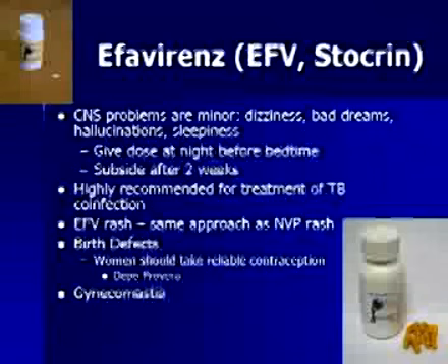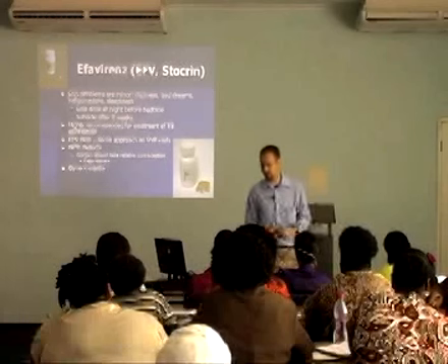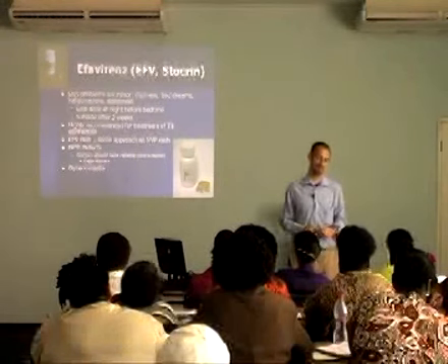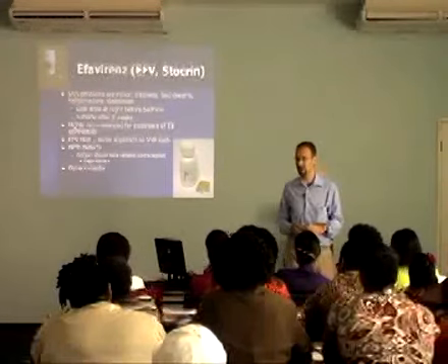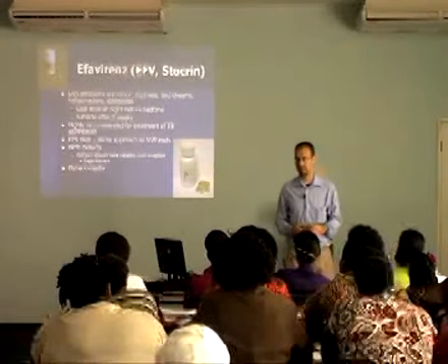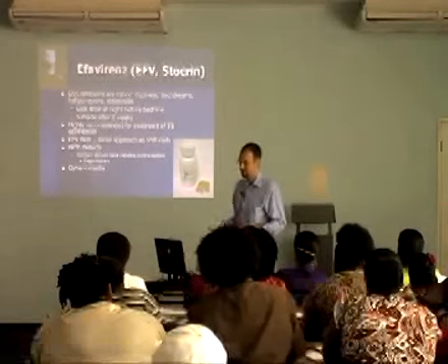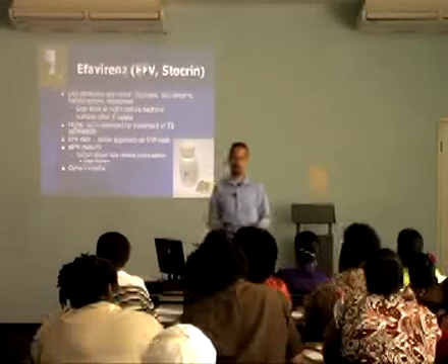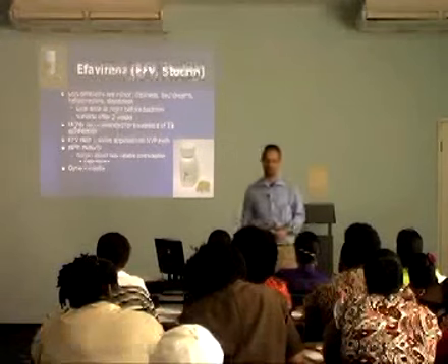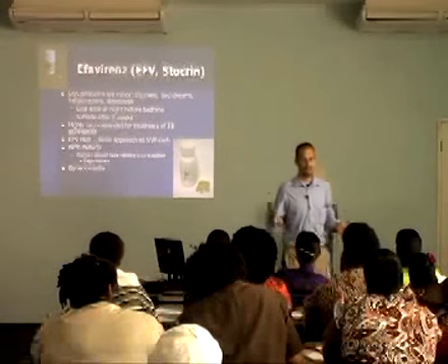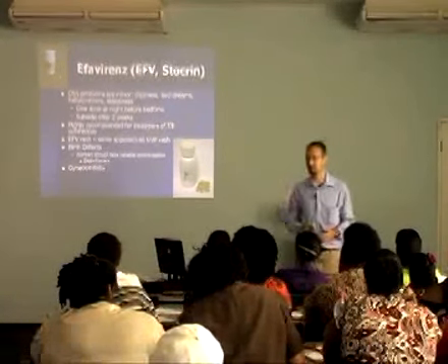Stocrin also has listed as a side effect the potential for birth defects. It can cause spinal malformations in children, at least potentially. So it should be avoided in the first trimester. After the first trimester, the spinal cord and spinal column are already formed.